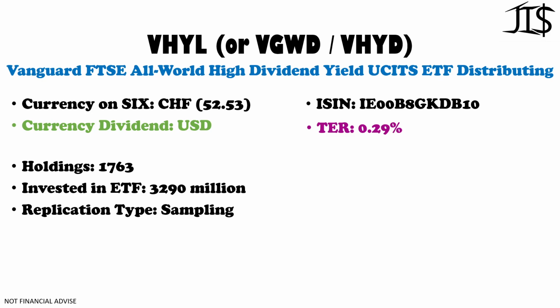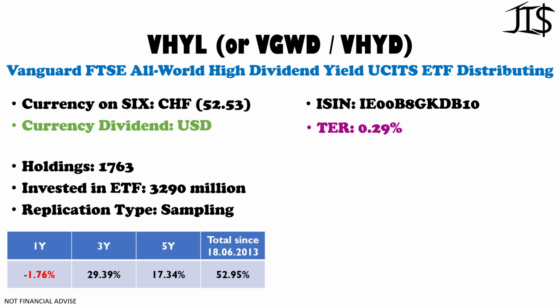So they take a little bit of liberty to follow the index that they follow, which sometimes is a good thing and sometimes it's a bad thing, because it can lower your dividend return when they screw it up, of course. The performance is really nice compared to all the other ETFs that we have seen so far and that we will see in this video.